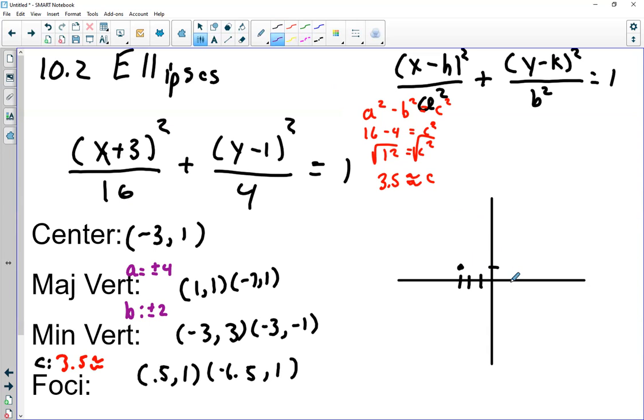No, I'm sorry, −1. And then your foci; don't forget to graph the foci, even though it doesn't affect much about this. So 0.5. No, that's the next one.